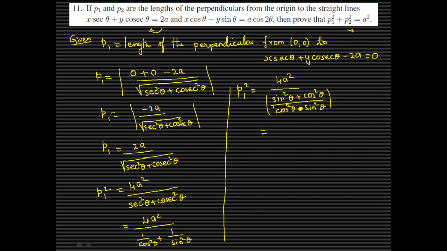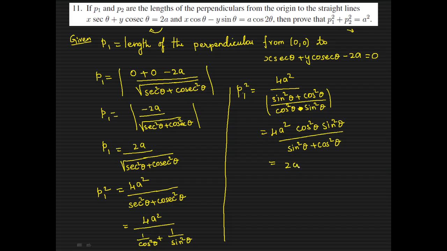So now let us take the denominator to the numerator. It will be 4a square cos square theta into sin square theta divided by sin square theta plus cos square theta. What is sin square theta plus cos square theta? That is 1. If you look at the numerator, this 4 can be written as 2 square, so every term has a square.